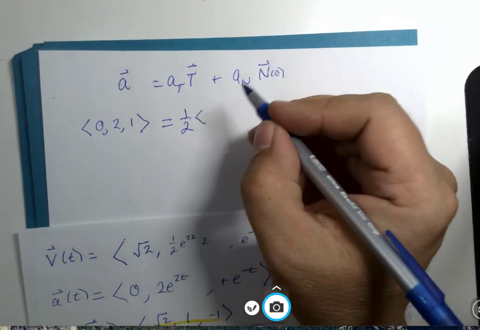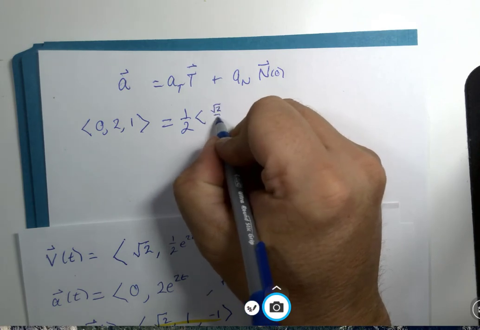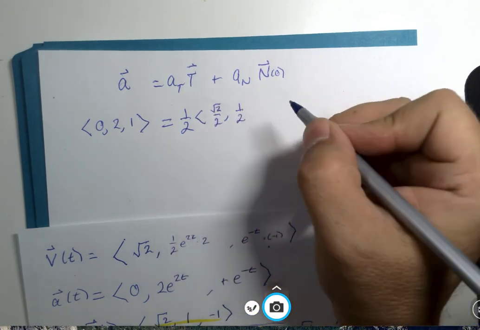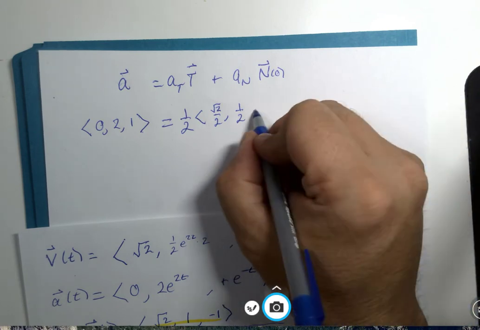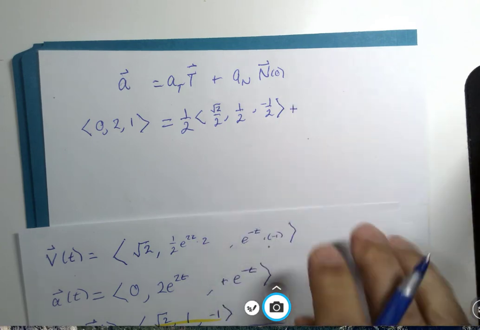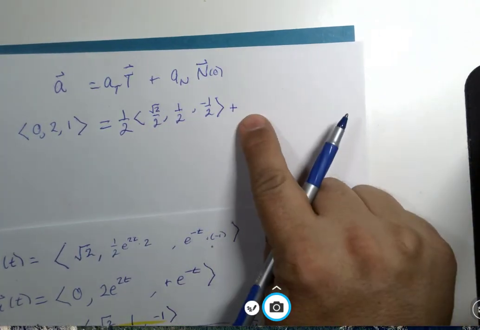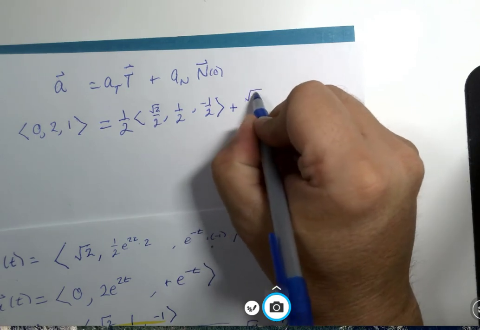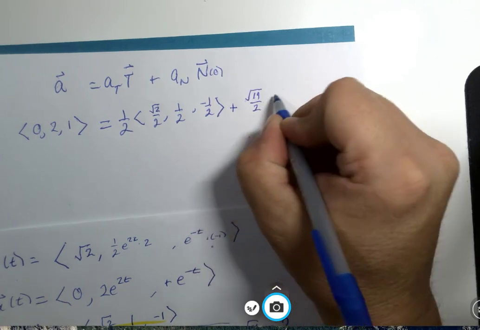So that would be root 2 over 2, 1 over 2, and negative 1 over 2, plus the other scalar, which was not pretty, root 19 divided by 2.